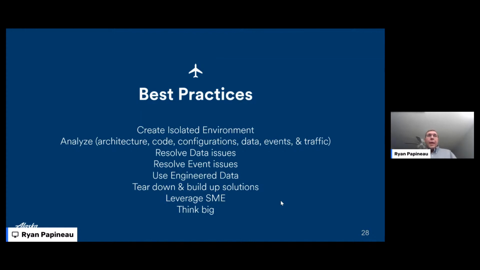Next is analyze. My background is actually in systems engineering and protocol analysis, so that's what really helped me in this role. But just reviewing architecture documents, really understanding these complex applications and what they connect to and where that data comes from. Also reviewing the code. We've spent many an hour doing code review to figure out what they were trying to do with this, and it kind of tells you what it's trying to do and where it's going.